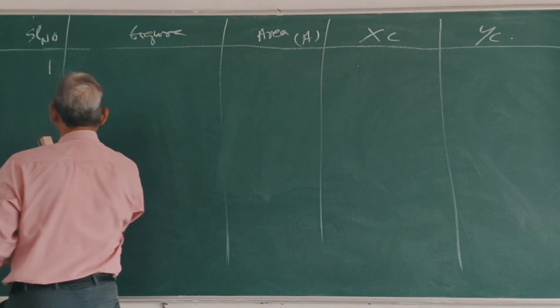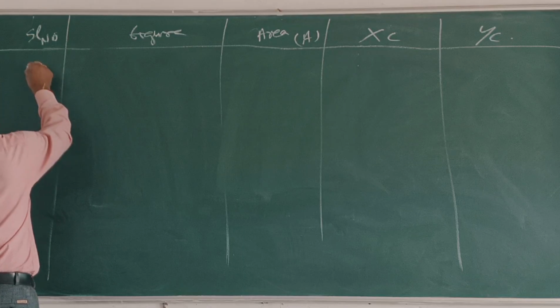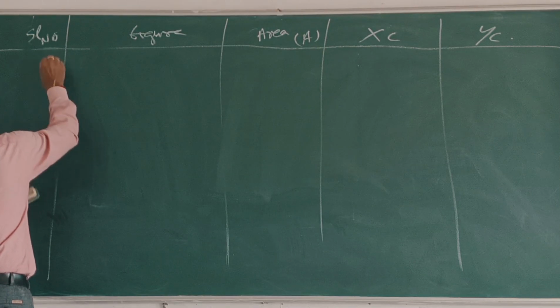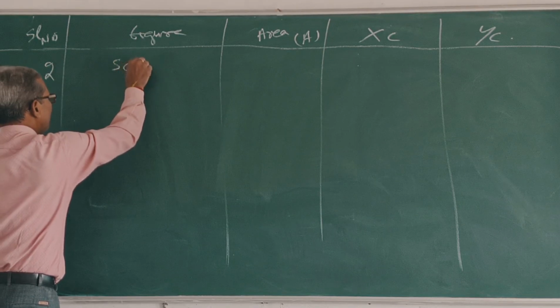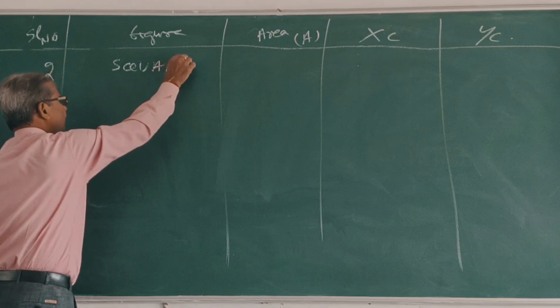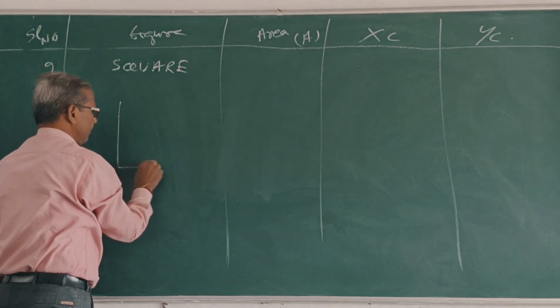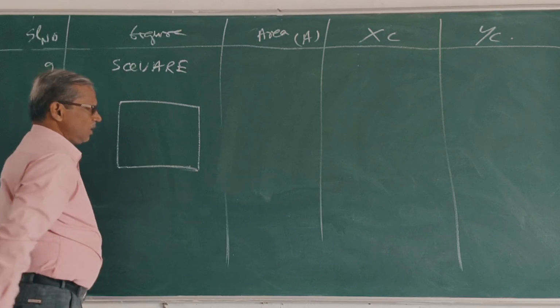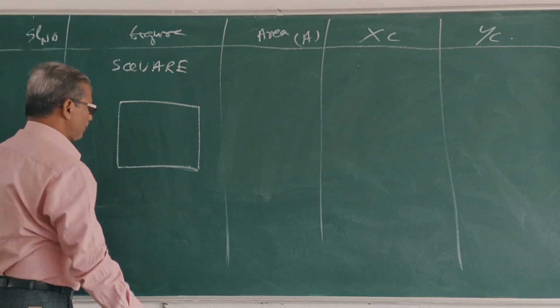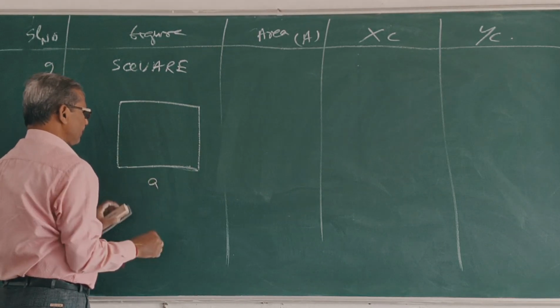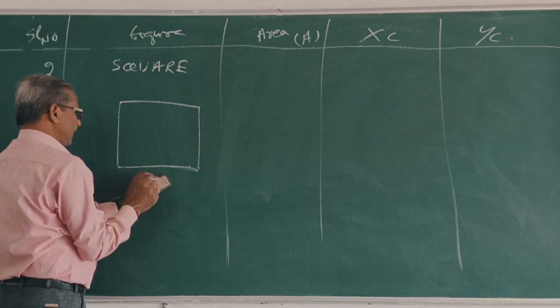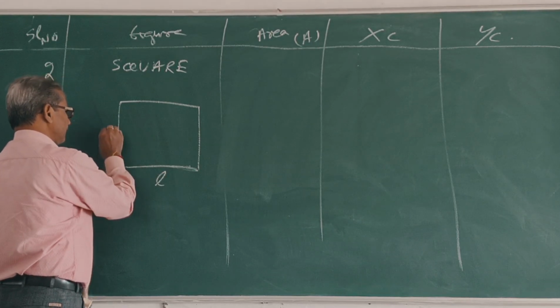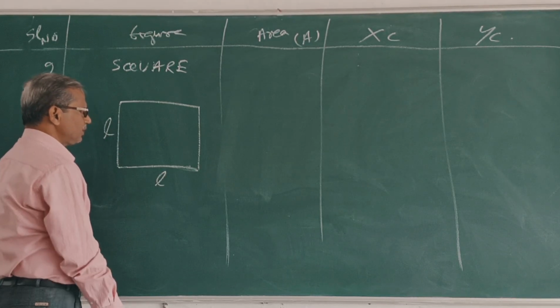Number 2, square. This is square. I will find out the CG. Suppose this is length A, this is length A, or L, length L. Clear?